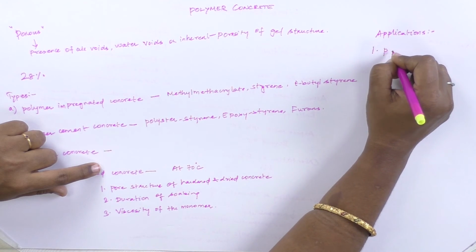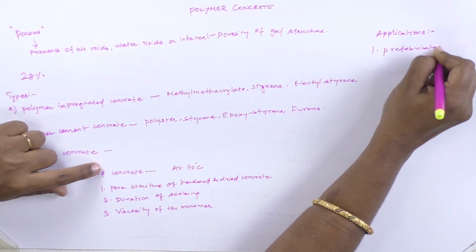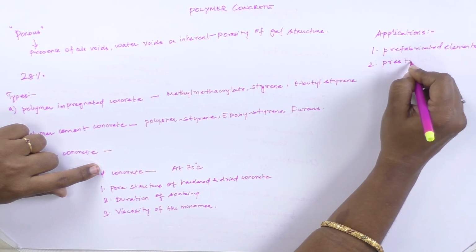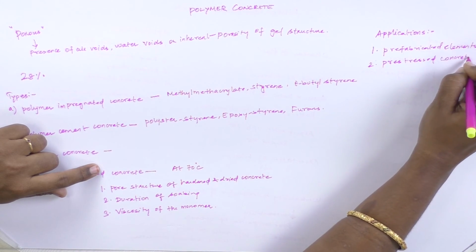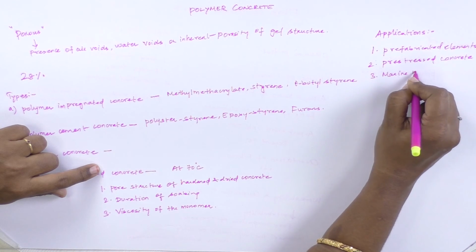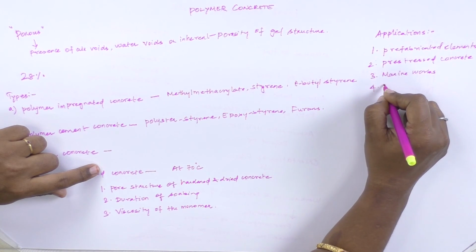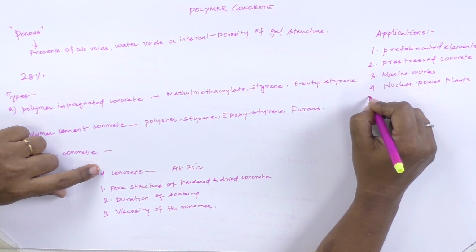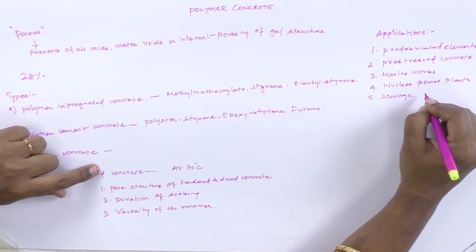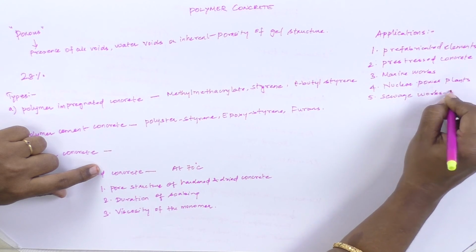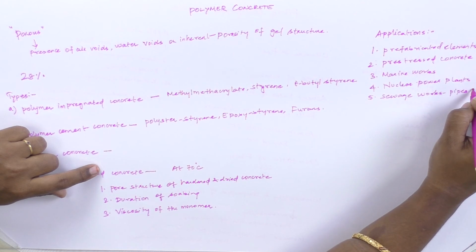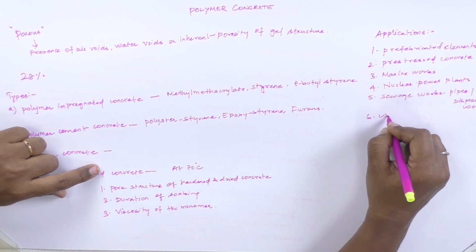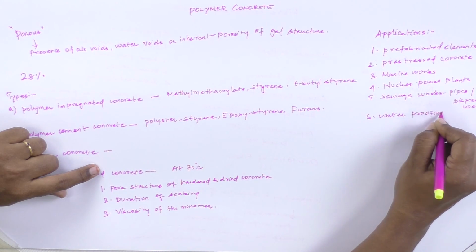First one, in prefabricated elements, then in pre-stressed concrete, marine works, nuclear power plants, sewage works, that is in the form of pipes, and disposal works, waterproofing, etc.